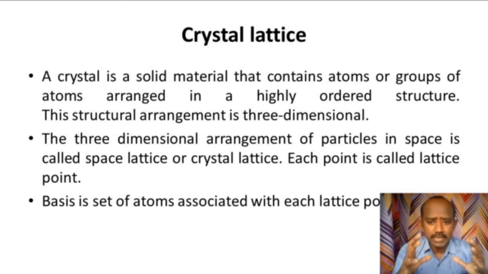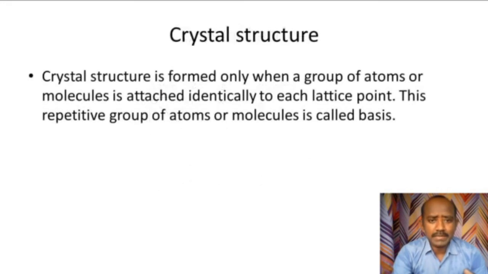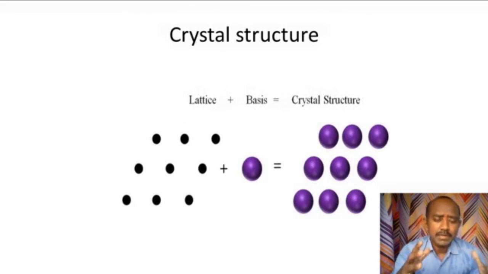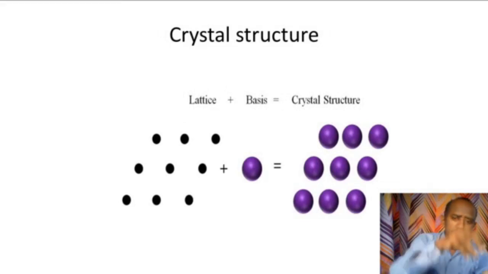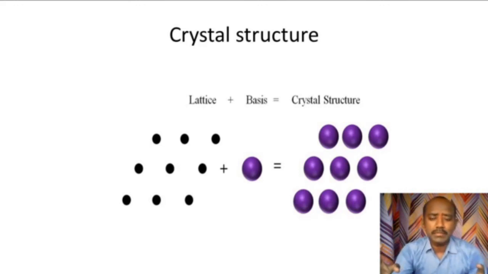The basis is the set of atoms associated with each lattice point. It means that the lattice is just a position of the atom, so there are no atoms there. But if you consider an atom in that position, the lattice point associated with an atom is called the basis.